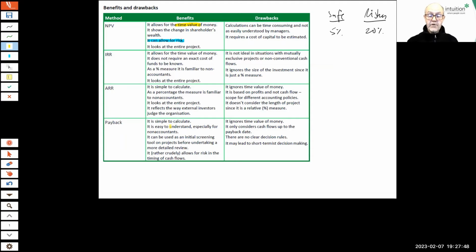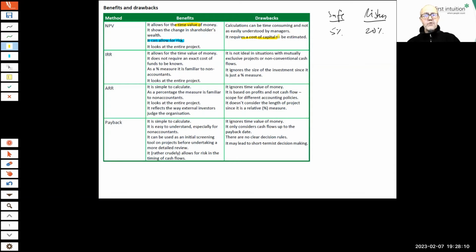And we've just been talking about safe projects against risky projects. You've got to determine a cost of capital. So your starting point is, are we borrowing the money? And if we're borrowing it, how much are we paying for the use of those funds? That's our starting point. But then we need to adjust that, like we said, in terms of risk.